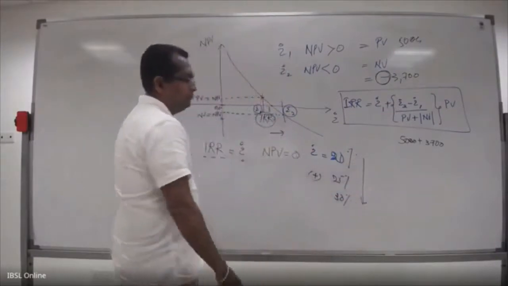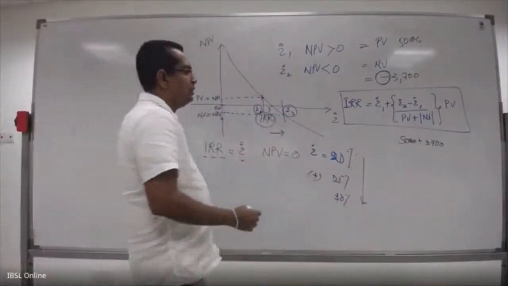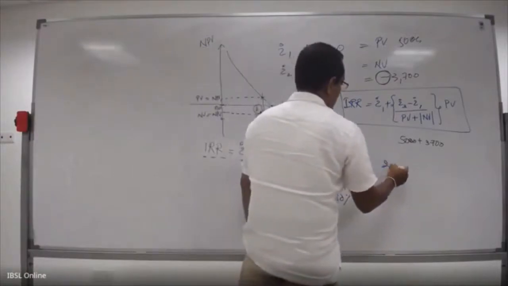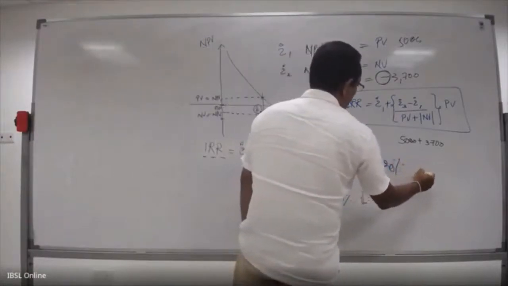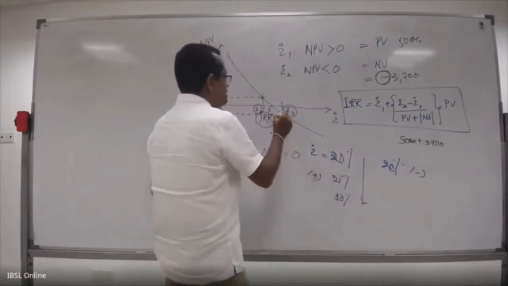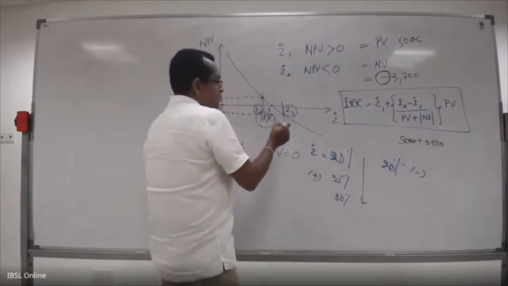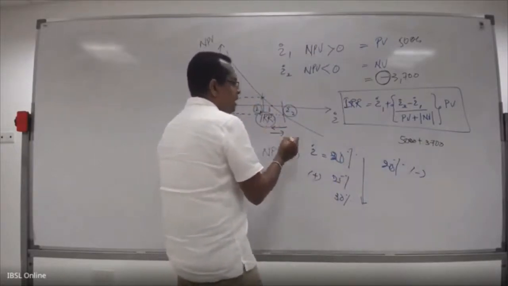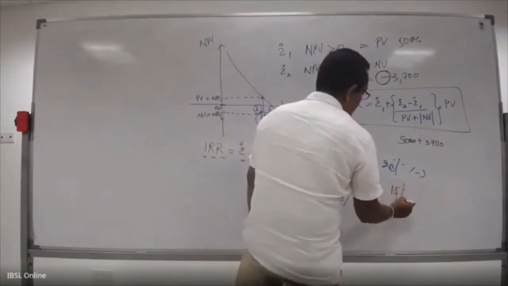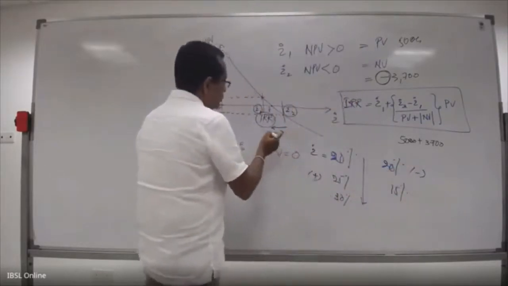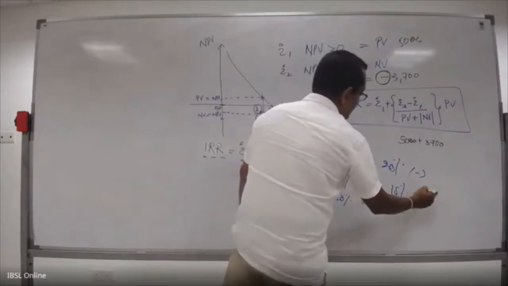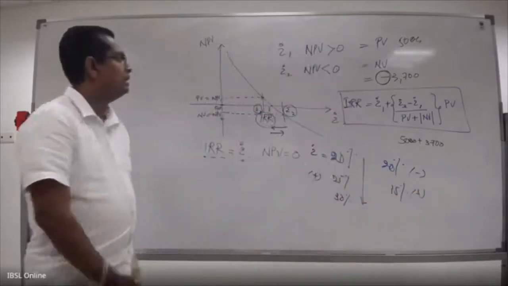We say you put 20, then you get a negative position. That means you have reached this point. So you have to come down. Then you have to put 15 to get the positive one. Right? Remember this graph.